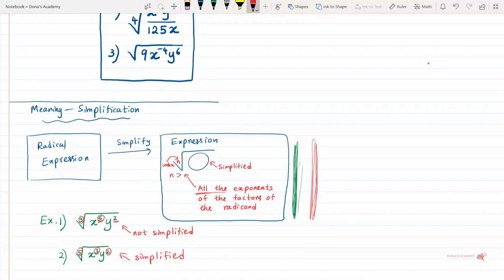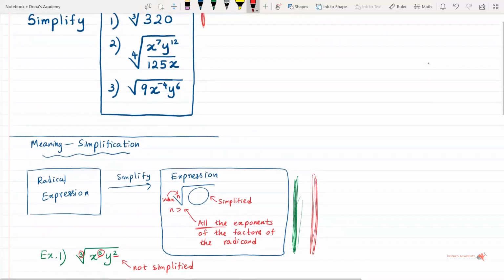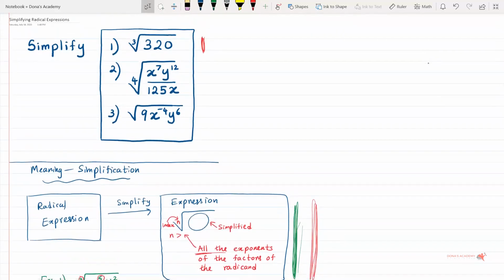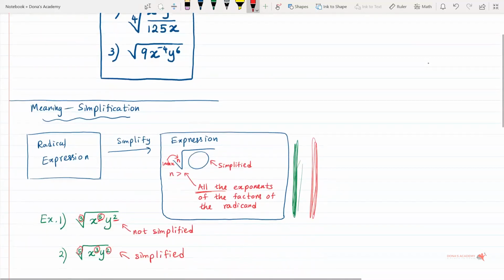However, when it comes to a big number, simplification means you have to think about the prime factors of the radicand, right? 320 here. You know how to find the prime factors, and then think about the powers of those prime factors as exponents and just follow these conditions with prime factors.